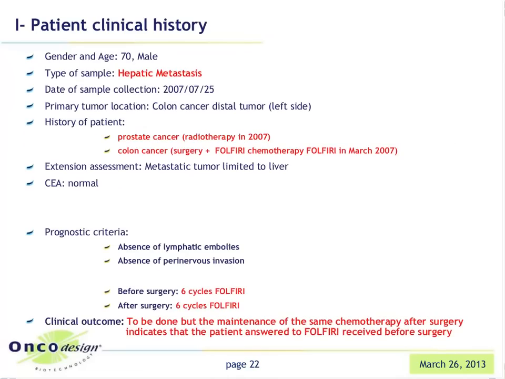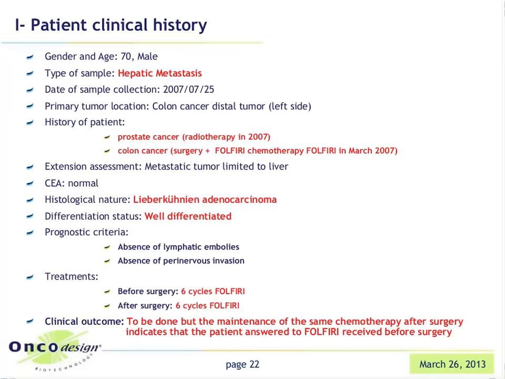So this is the patient clinical history. It's important to make some correlation with the tumor. So it was a hepatic metastasis. The patient also had prostate cancer and a colon cancer. There is a histological nature. We know that it's well differentiated, and there is a treatment that has been done on this patient, and the outcome when it's available.